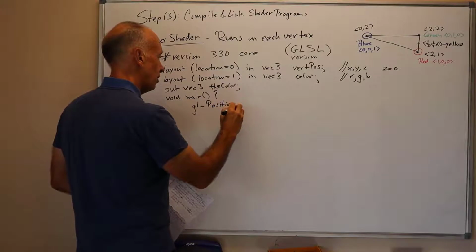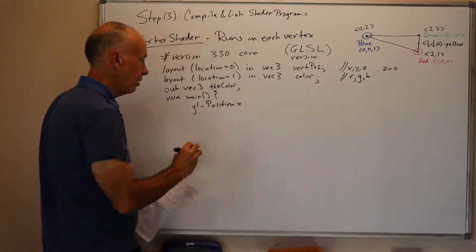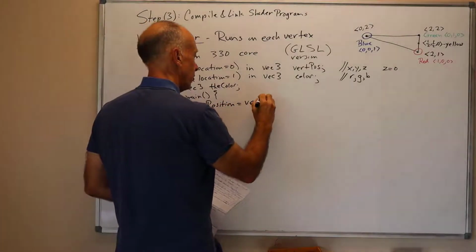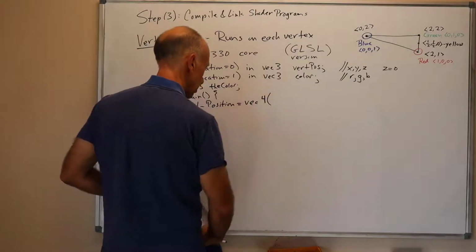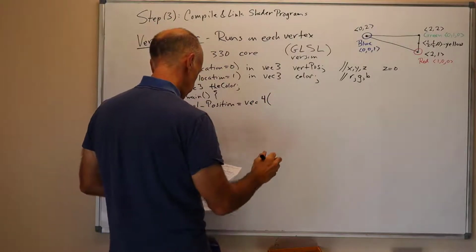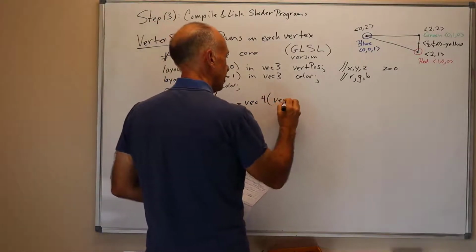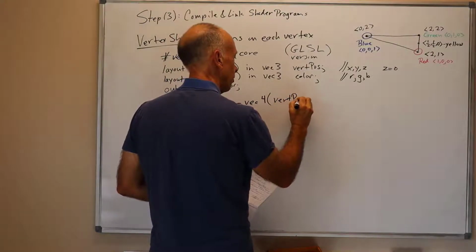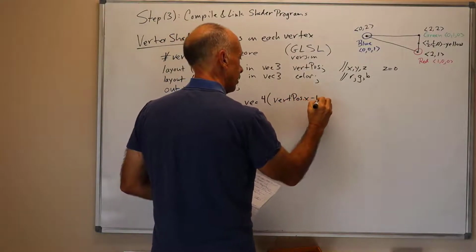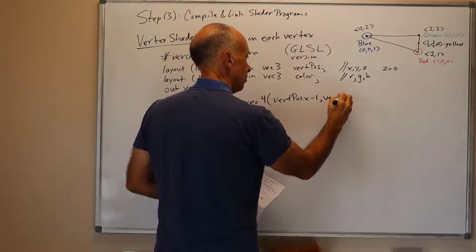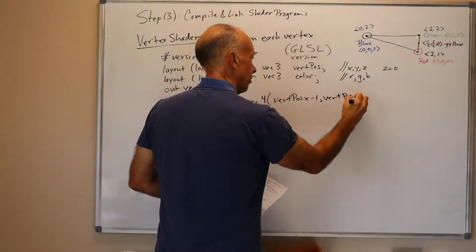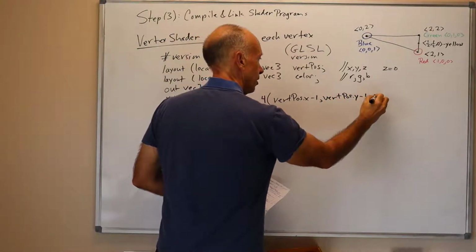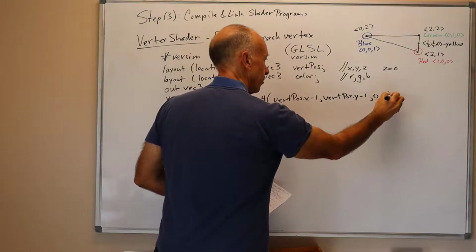GL position is always a vec4, a vector of 4 floating point numbers, and I'll just write it this way. Vec4 of, and the first thing I'll just give explicitly the parameters, vertpos dot x minus 1, vertpos dot y minus 1, 0, 1.